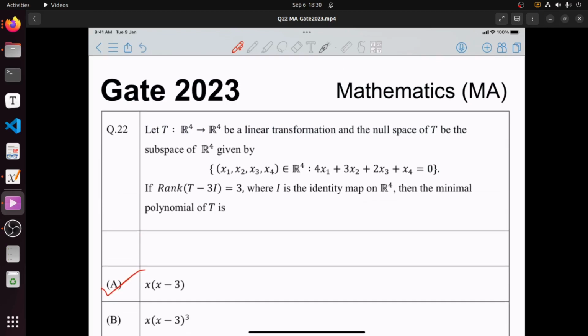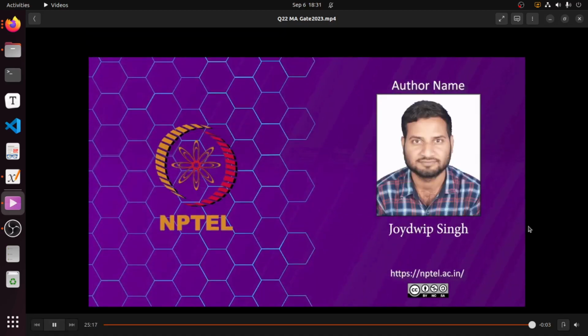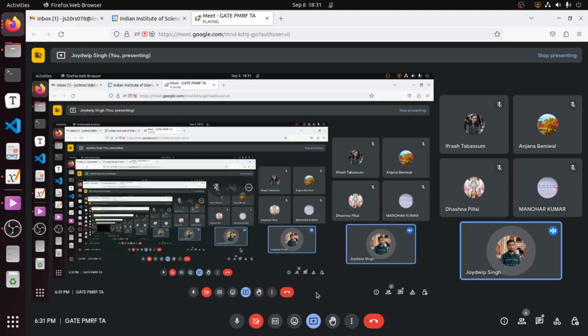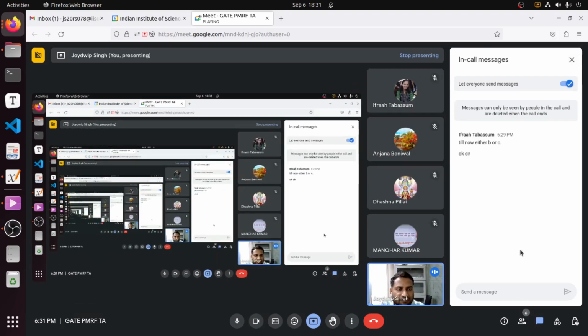Okay, now tell me what is the doubt? Okay, so because T is diagonalizable, the minimal polynomial will be linear factors, and because 0 and 3 are the only eigenvalues, x into x minus 3 will be the only option.